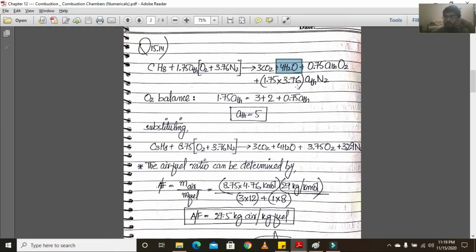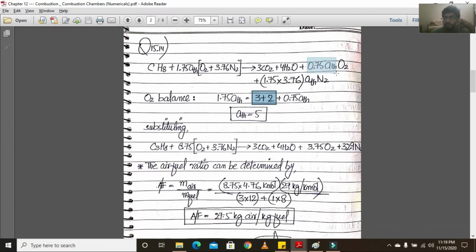As I have explained earlier, you can either balance it using the oxygen atom, or you can balance it using the oxygen molecule, and I'm balancing this question with the oxygen molecule. So I have 3 molecules of oxygen in carbon dioxide and 2 molecules of oxygen in water vapor, which I have written down here.